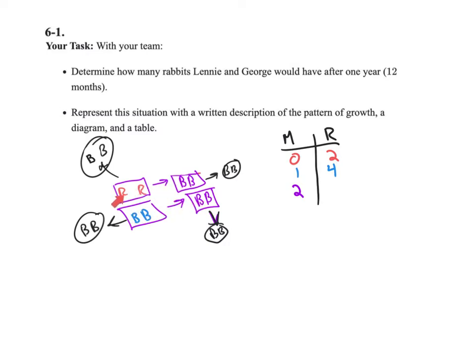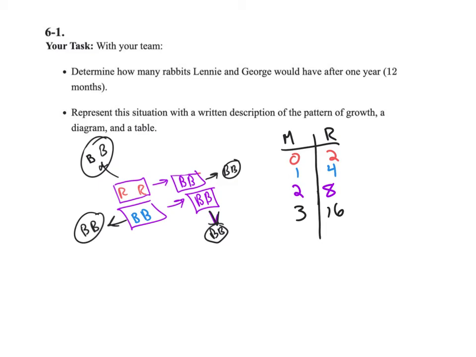So now I've got 1, 2, 3, 4, 5, 6, 7, 8 rabbits in total. Then in the third month, each pair of those 8 rabbits had 2 babies. Now I've got 1, 2, 3, 4, 5, 6, 7, 8, 9, 10, 11, 12, 13, 14, 15, 16 rabbits. So you can see that this is growing very, very quickly here.